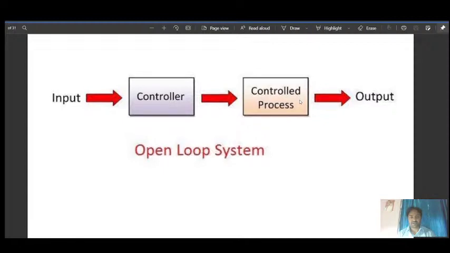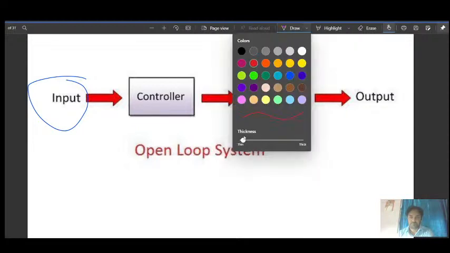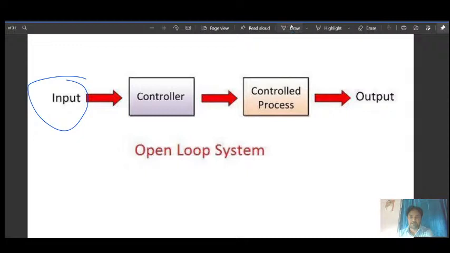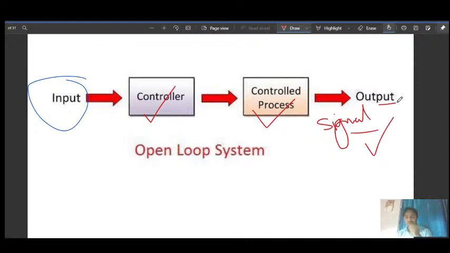So as you can see in open loop system what we have, here we have input, and then input goes to controller, and then controller processes that information, and based on that it generates a signal, and that signal is like voltage, and that voltage drives the system.